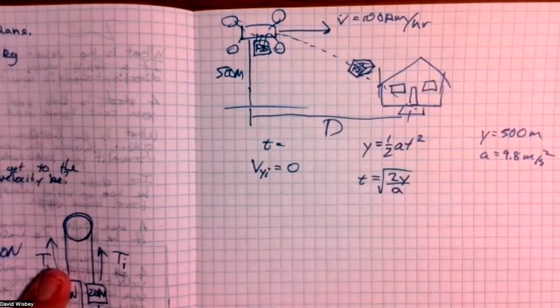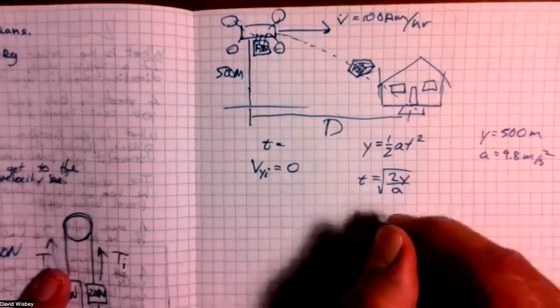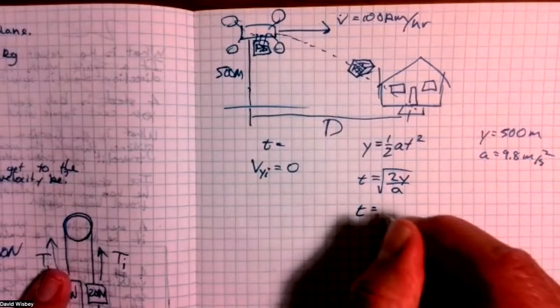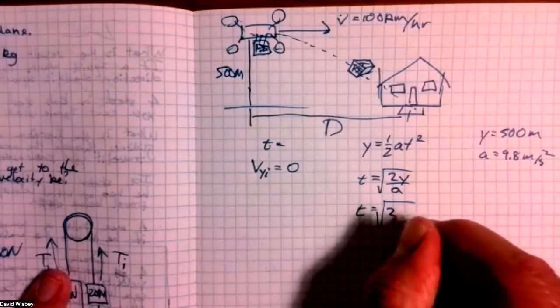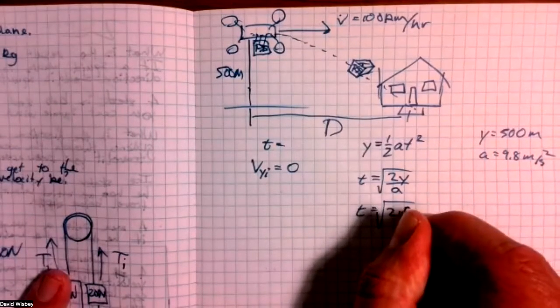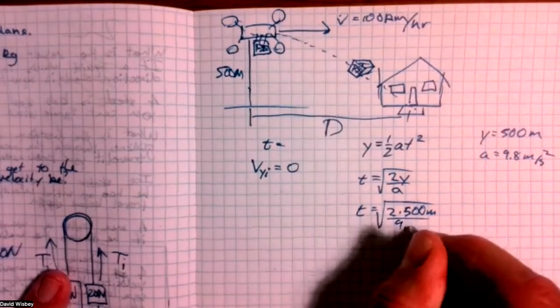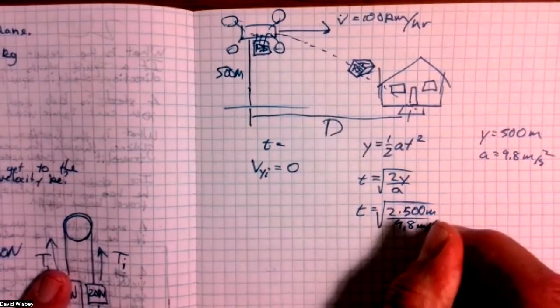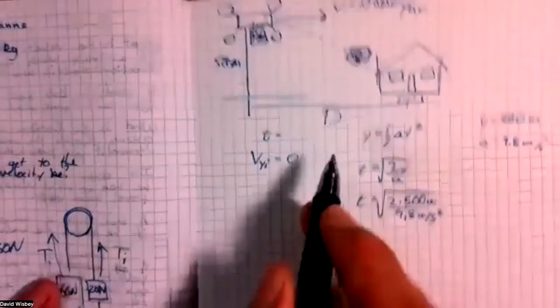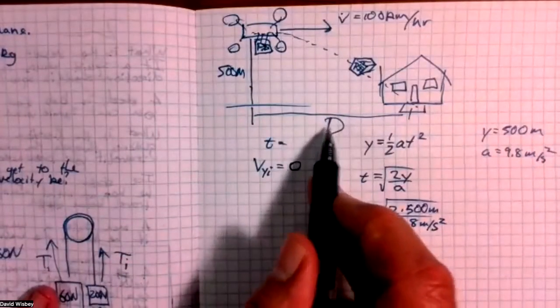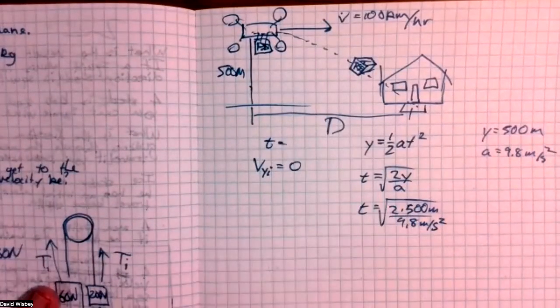T is going to equal 2 times 500 meters divided by 9.8 meters per second squared. All right, so how can we find this distance here?